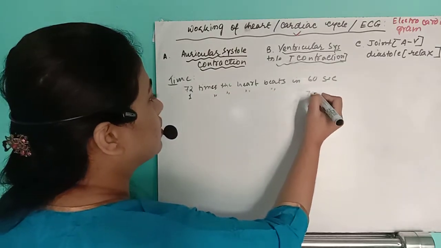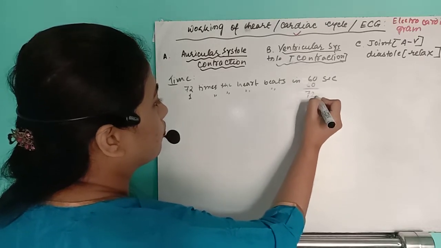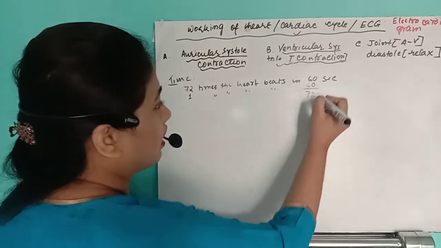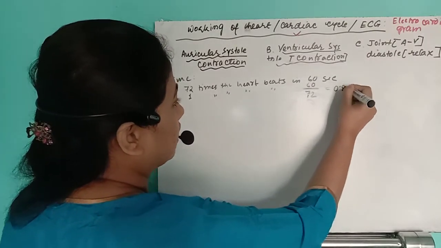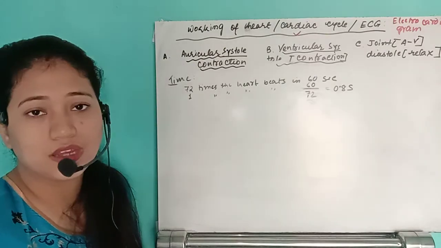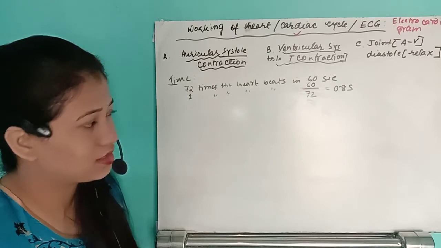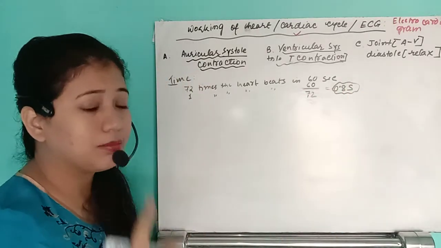It will be 60 by 72, and that is 0.8 second. If the heart needs to beat only once, it requires 0.8 second, and in that 0.8 second the heart completes a complete beat.